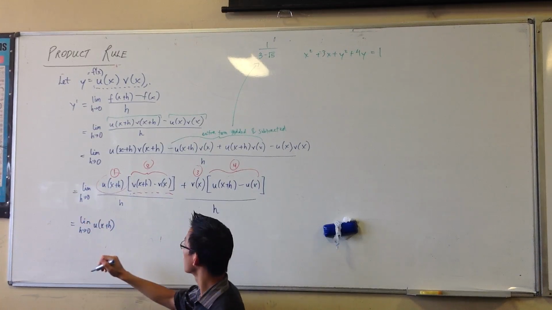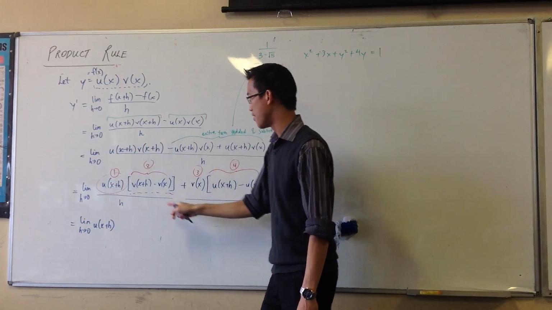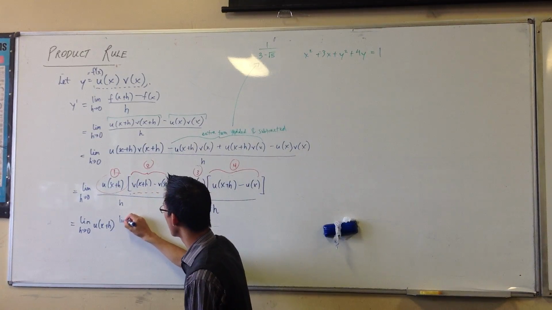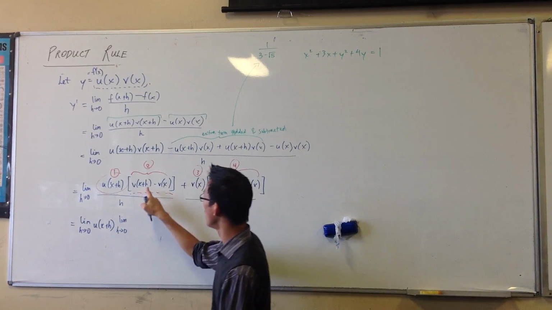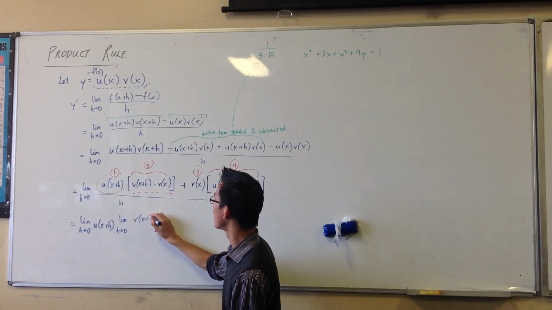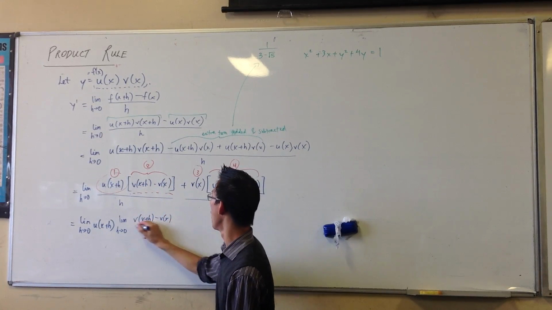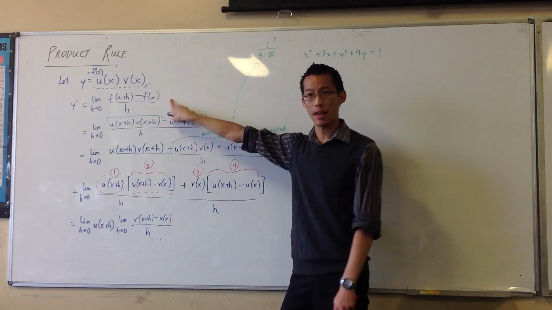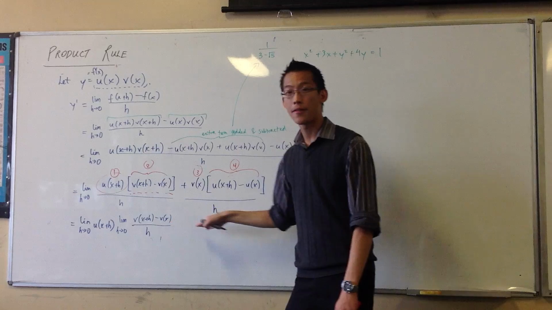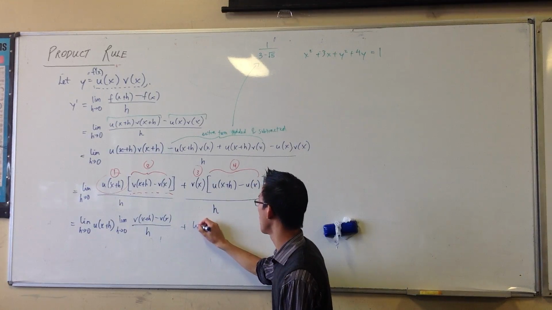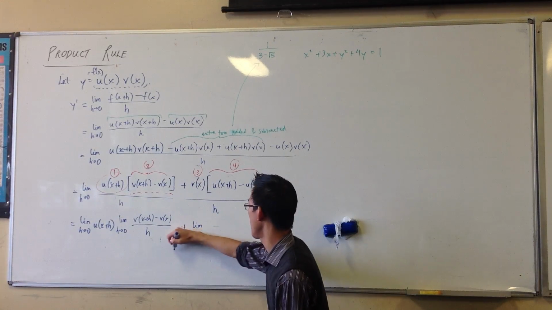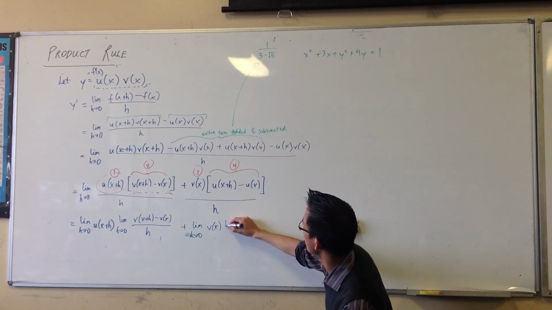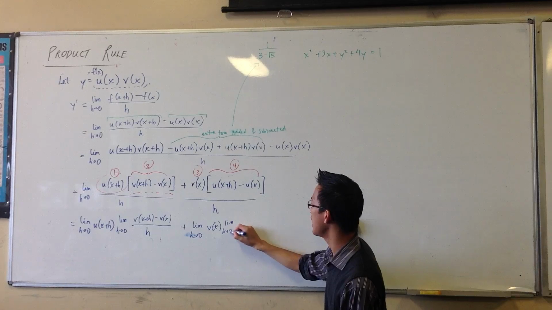Is that okay? Then I multiply by the limit as h approaches 0 of this whole fraction that's left, over h. I've left these 2 together as the fraction because, like I said, it looks just like first principles. So there's my first 2 limits, and then I have another 2 over here: the limit as h approaches 0 of v, and then the limit as h approaches 0 again.